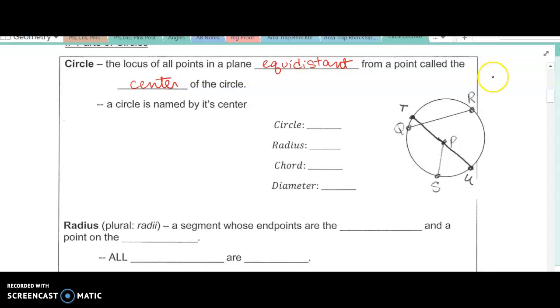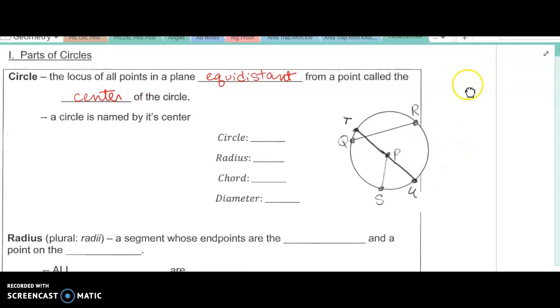So if I have a point and I go out in every direction 1 inch, all those teeny tiny points that are all 1 inch away from that center would make a circle. They are the locus of points, all the points that follow a certain rule, the rule being that they're 1 inch away from the center.